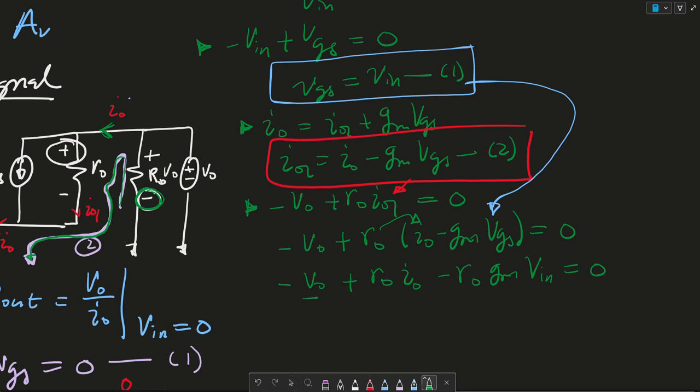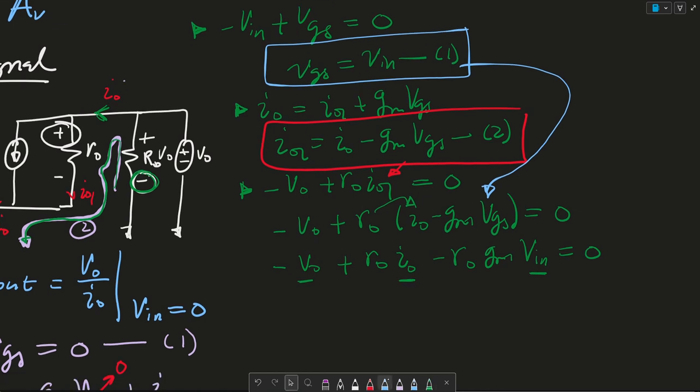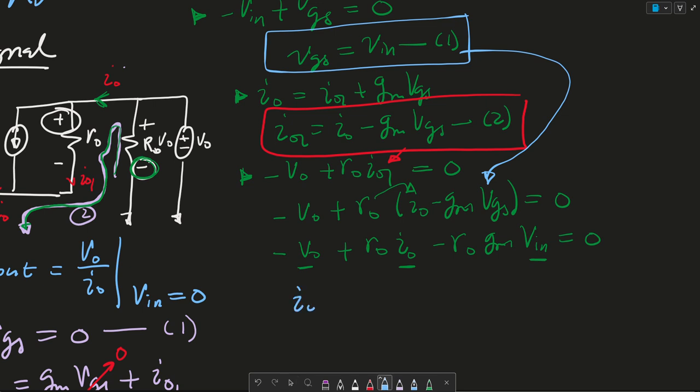So now we have VO and Vin, but we want to get rid of this IO. So we take IO is equal to minus VO over RD. Let's say this is equation 3.